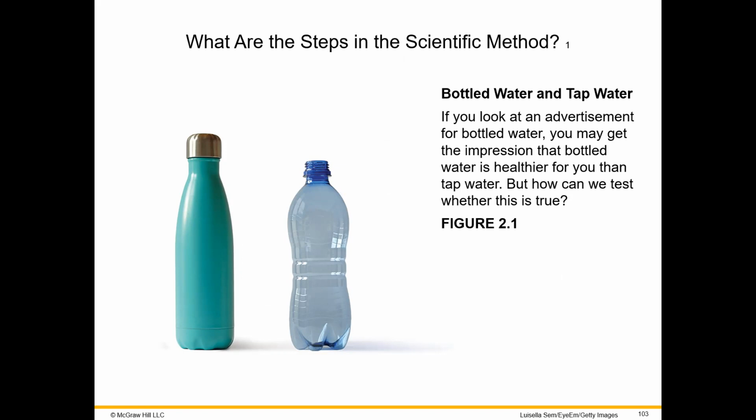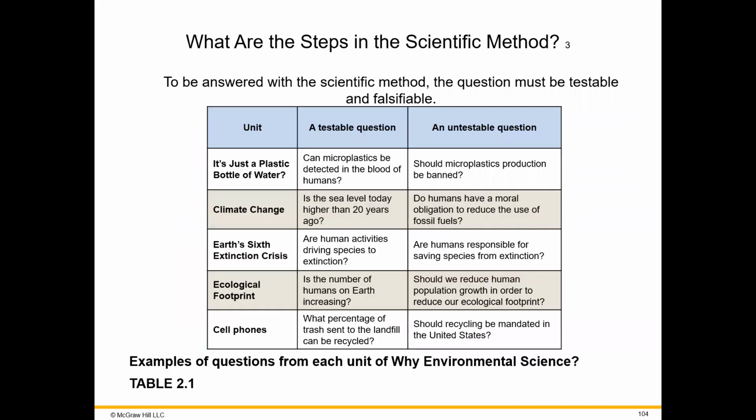So here the overarching purpose is to understand whether bottled and tap water are very different and if the quality is better. And you test that through answering questions. First, coming up with a question, right? That is both testable and falsifiable. This is the first step.